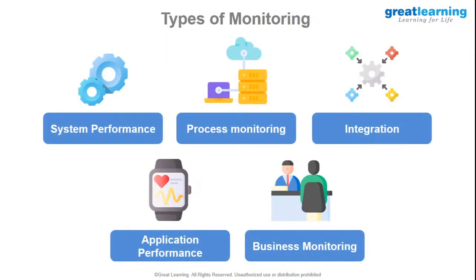All right, so we have different types of monitoring like system performance, process monitoring, integration, application performance, business monitoring, where you check out the business activity also. Like companies like Amazon and Google, they collect a lot of different types of data. Even if you're watching this on your phone, or on any kind of device, there is a high chance that your voice is being recorded, maybe with your permission or without your permission.